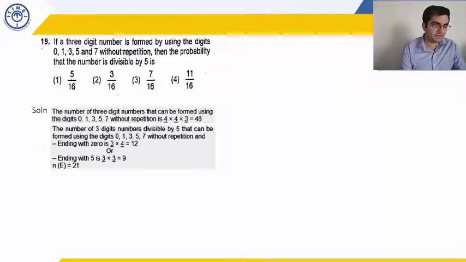So this can be filled in not 4 but 3 ways, because 0 cannot be used. Then out of these 3, one digit will be used up, so 2 digits left, and 0 is also there. So 3 digits left, and this place can be filled in 3 ways. So the number of 3-digit numbers out of 48 that end with 5 is 3 into 3, 9 numbers.